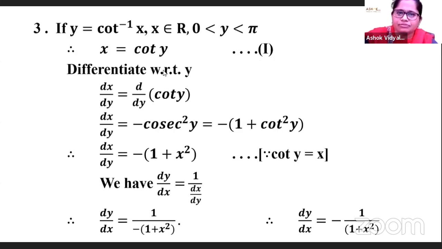Differentiate x with respect to y. We get dx by dy as the derivative of cot y, which is minus cosec square y, and we express this cosec square y in the form of 1 plus cot square y. Because the value of cot y is x, we express this differentiation in the form of x. Therefore dx by dy is minus in bracket 1 plus x square.